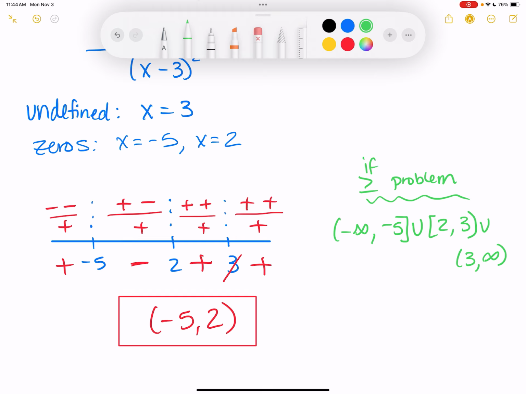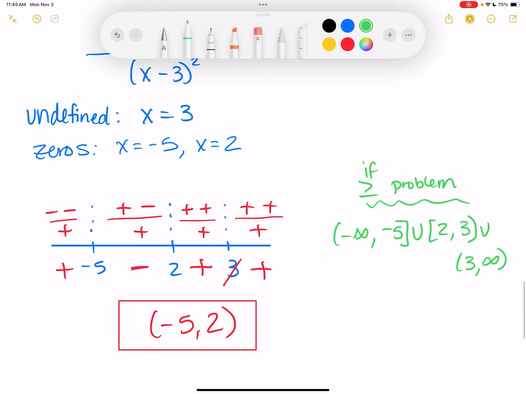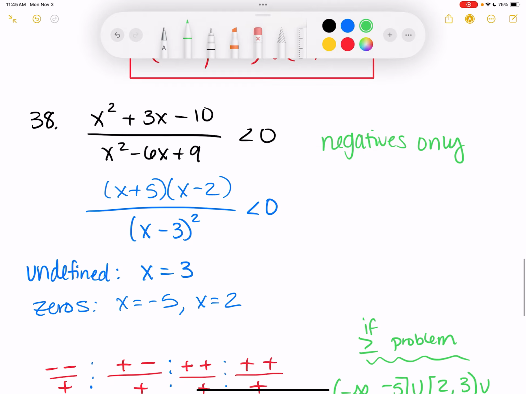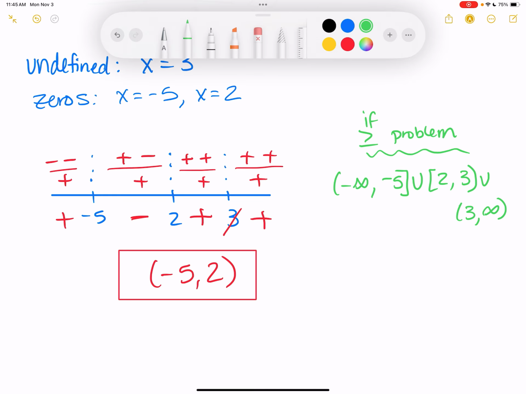I said if this problem was switched and I cared about positives including 0, so I changed the problem completely. This would be how you would write your answer.